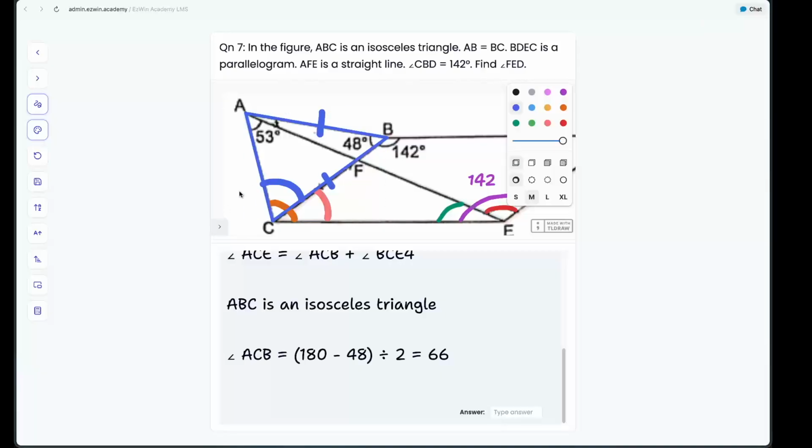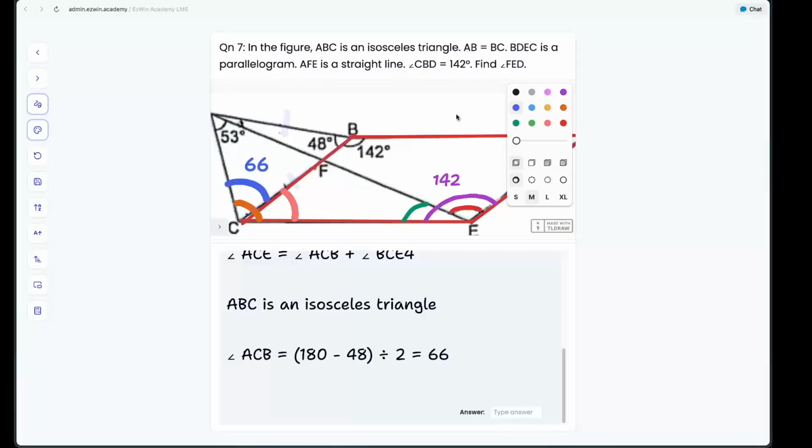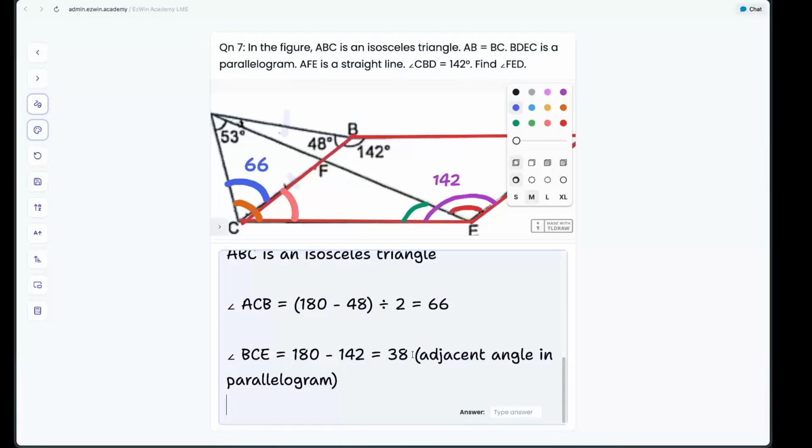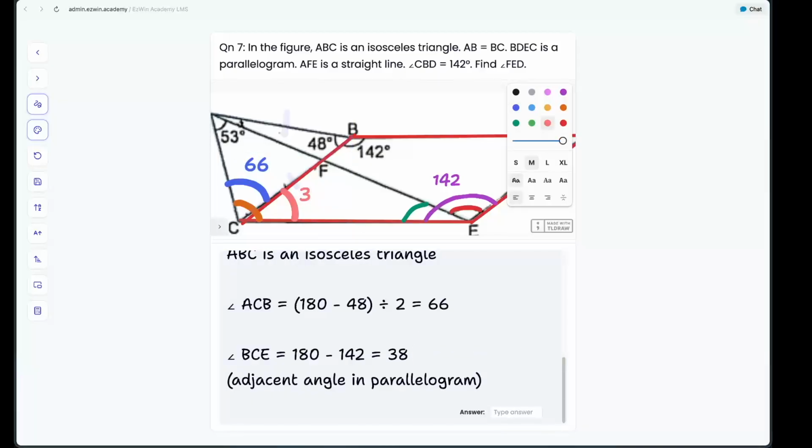This will give us 66. The next one is to find this pink angle. It is part of the parallelogram, so the pink angle BCE is 180 minus 142, and this will give us 38 degrees.